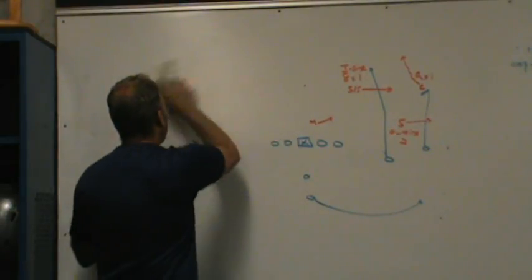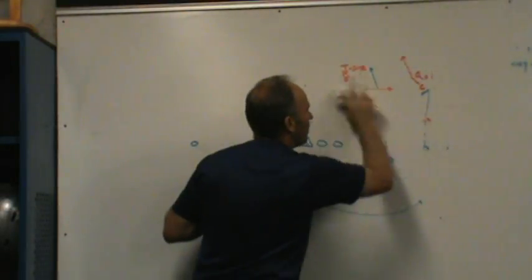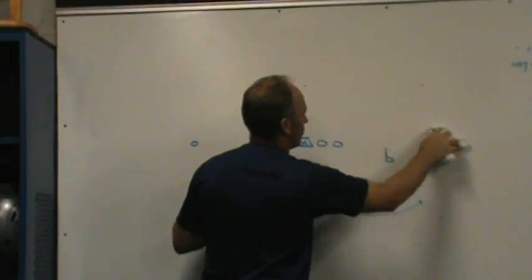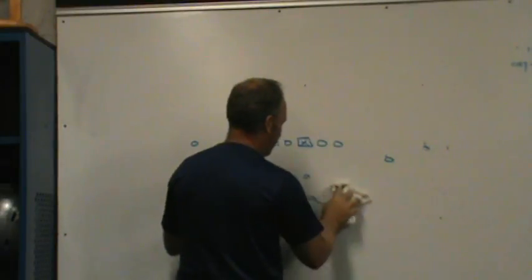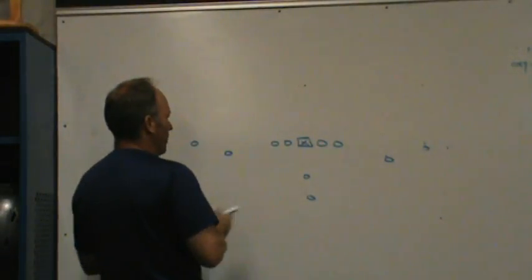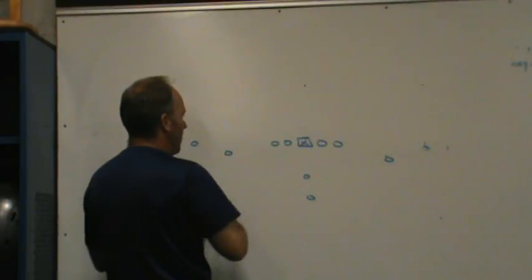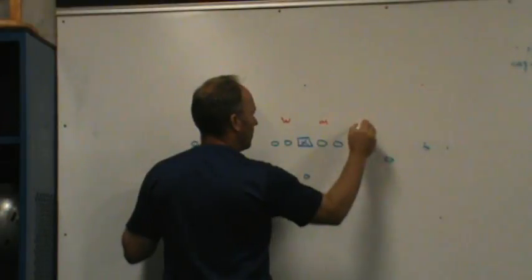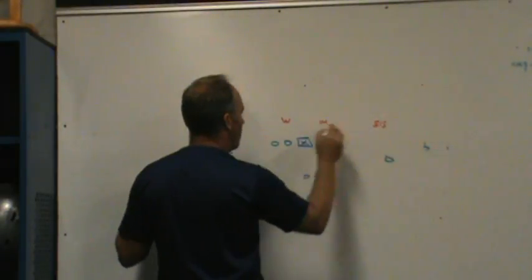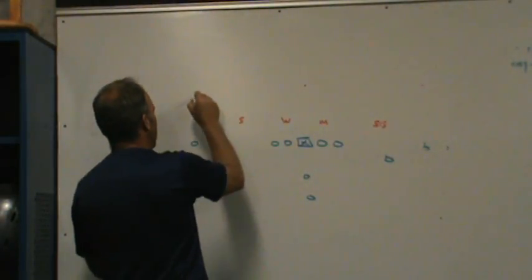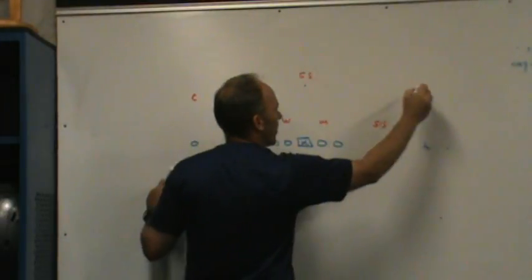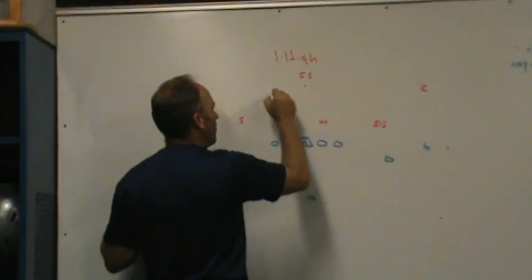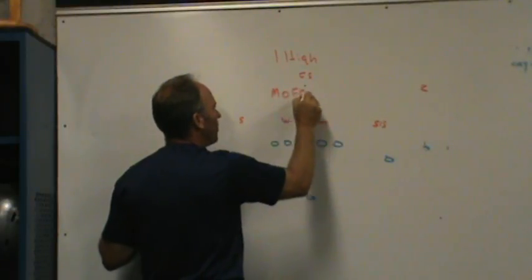Now, you may see, although you don't see it too much anymore because of 4 verticals and some other things, there's still a possibility that you may see some type of middle of the field closed concept, where it's a 1 high middle of field closed.